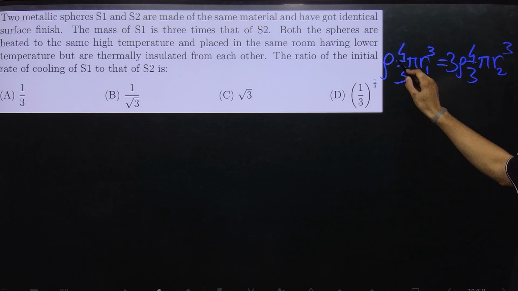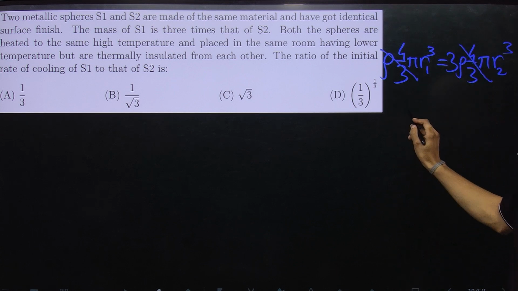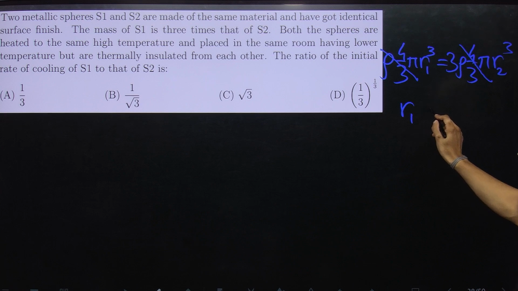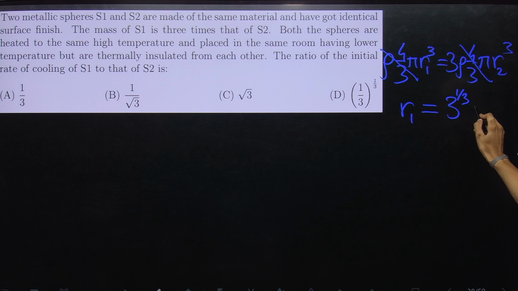So from here, rho into 4 by 3 pi gets cancelled. We get R1 to be equal to cube root of 3 times R2. So we have a relation in their radii.